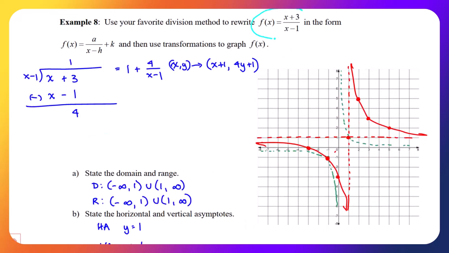Now this is different. In this case, I used long division, where this gets divided into this. This is the divisor. This is the dividend.